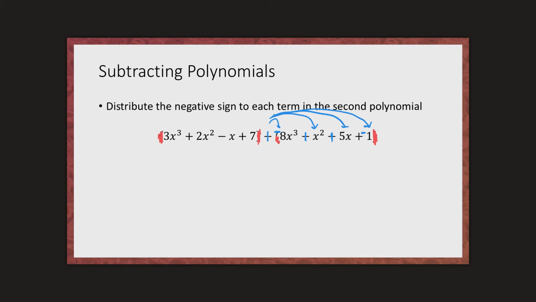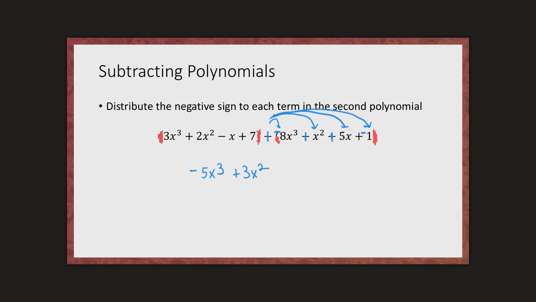So first, 3x to the third, I can combine that with negative 8x to the third, and that becomes negative 5x to the third. My 2x squared is positive, and my x squared is also positive, so that's 2x squared plus 1x squared is 3x squared. I have a negative x on this side and a positive 5x on this side.